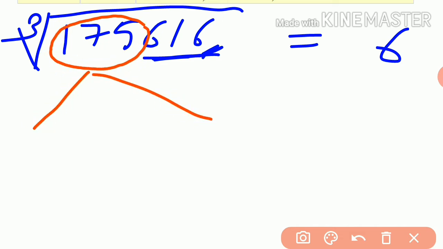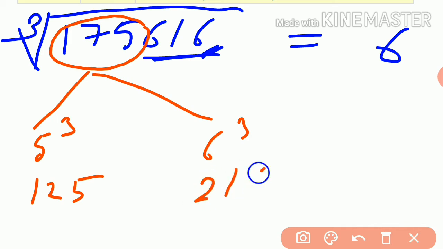So 175 lies between the cube of 5 and the cube of 6. 5 fives are 25, 5 twenty-fives are 125, and 6 sixes are 36, 6 thirty-sixes are 216.